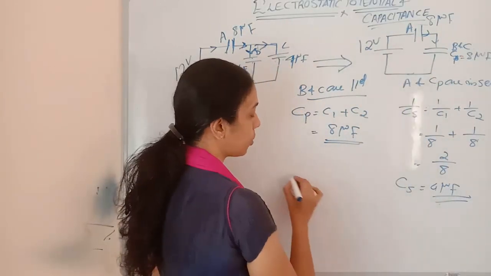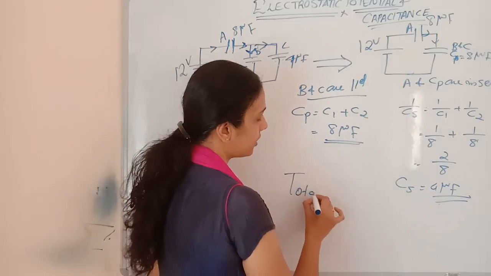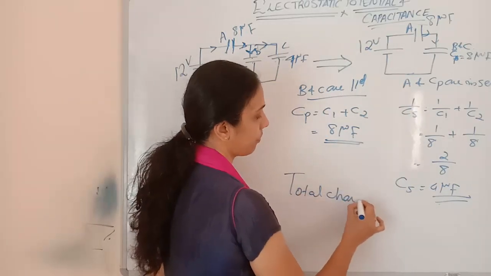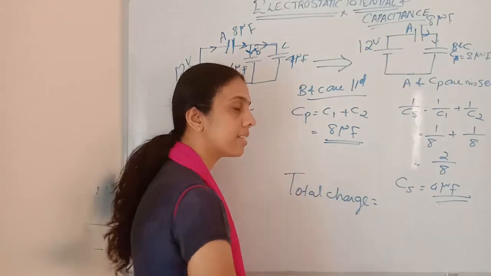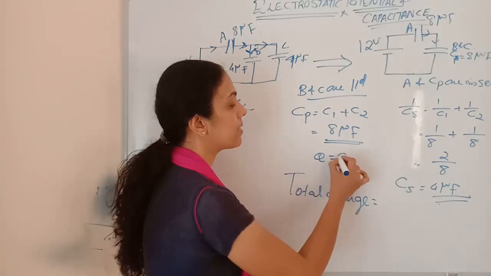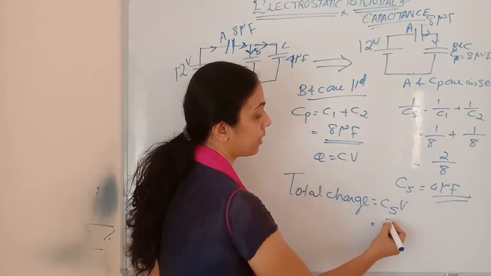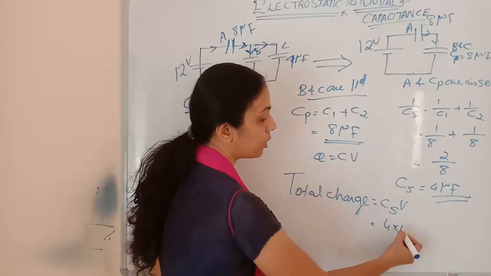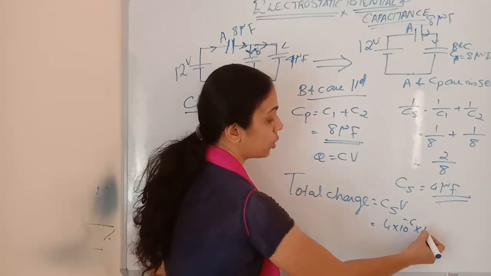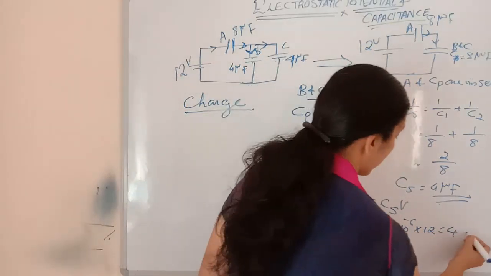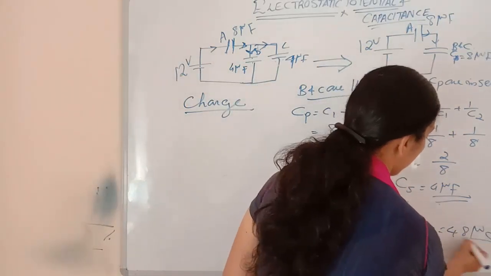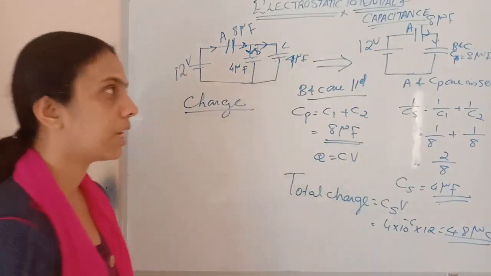What will be the total charge? Total charge Q equals C into V, so CS into V. CS is 4 into 10 to the power minus 6, into 12. So 48 microcoulomb. This is the total charge.